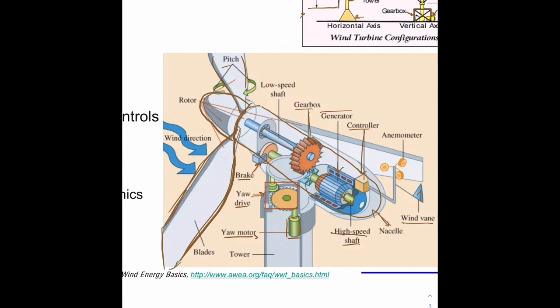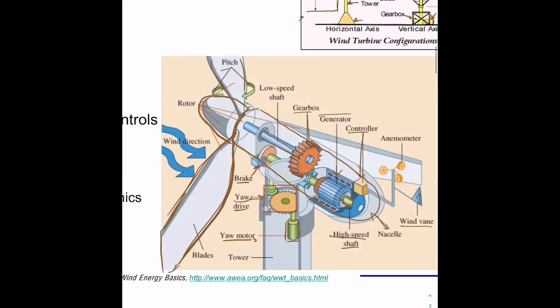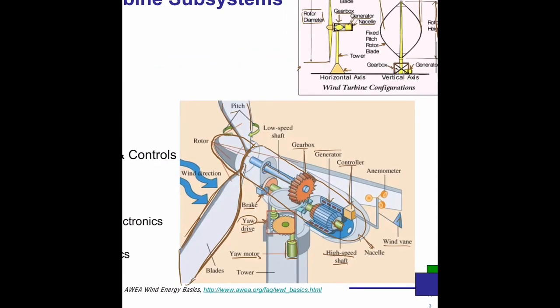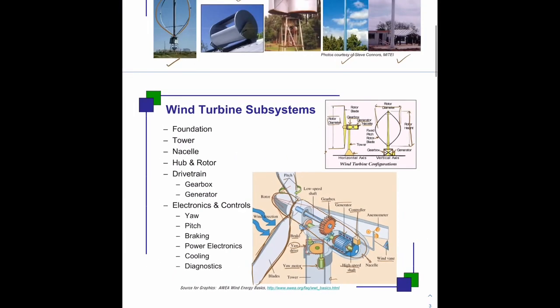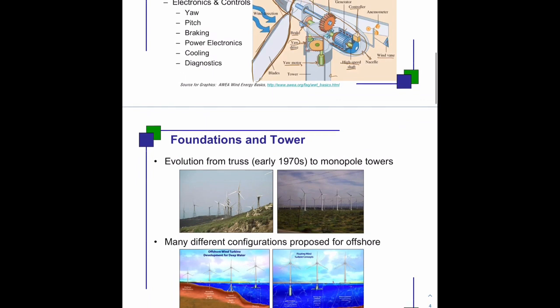Actually, the yaw is the part where the whole turbine rotates when we have different wind directions. That's the mechanism that rotates it. We have yaw motors to give power to rotate the turbine. We have the tower that's holding the turbine.